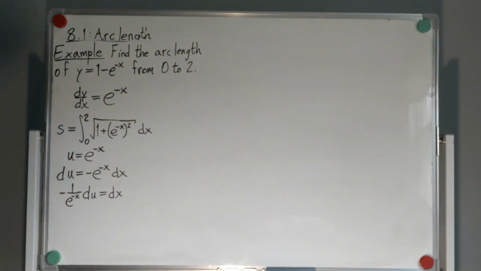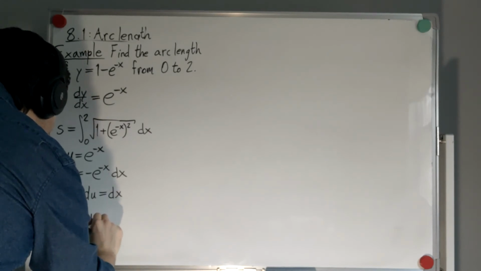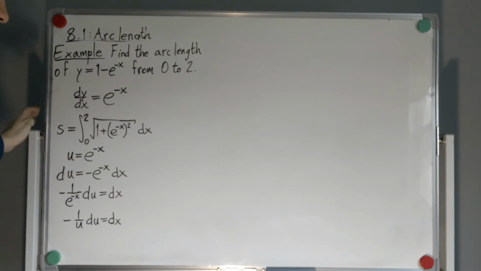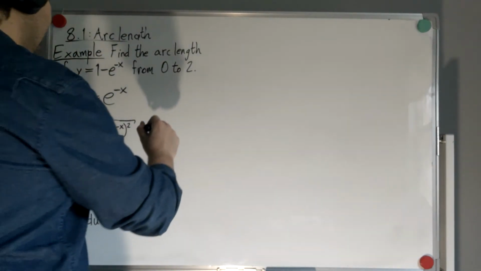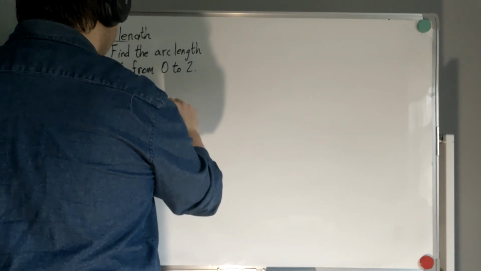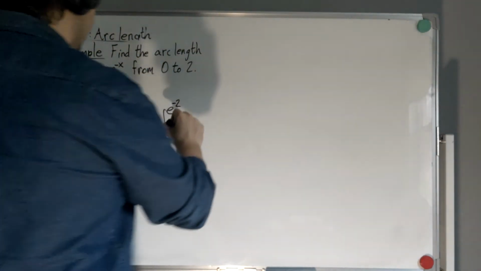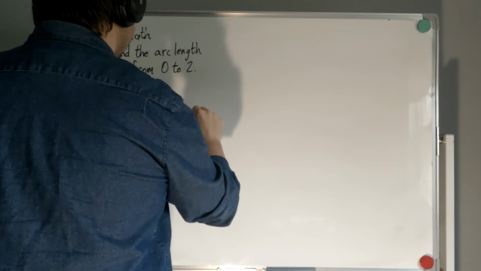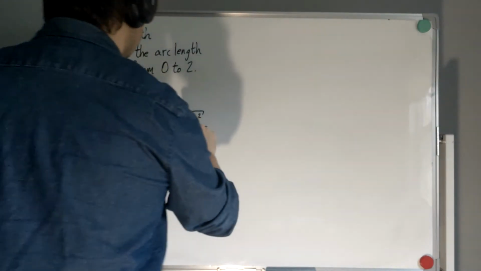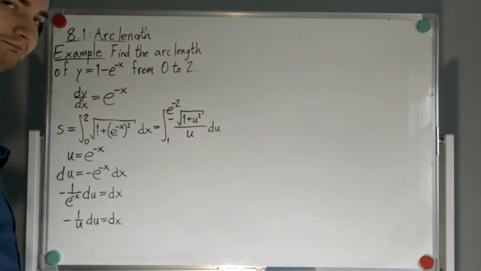But e to the negative x is just what we call u, so this says negative 1 over u du equals dx. Okay, so now this integral becomes the integral from 1 up to e to the negative 2 of the square root of 1 plus u squared divided by u du, and let's not forget the negative sign.